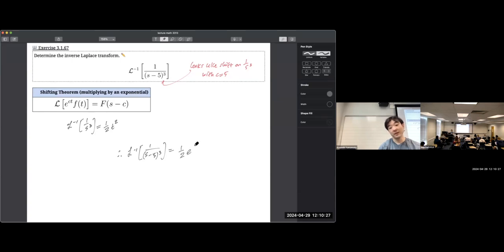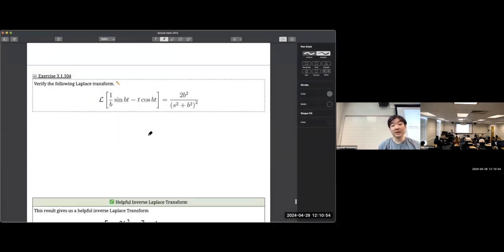So e to the 5t times t squared, sorry. This looks like 1 over s cubed, but all the s's have been replaced by s minus 5, which is like a shifting theorem. So that's the inverse Laplace transform of that.